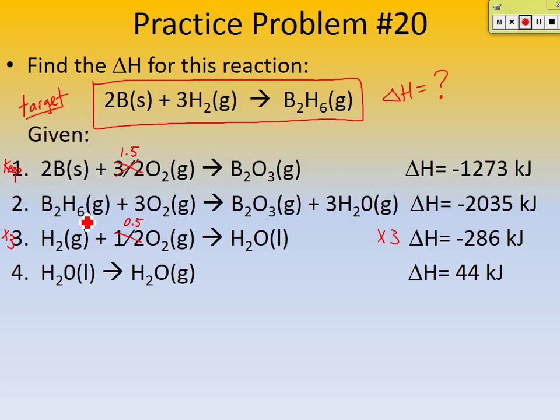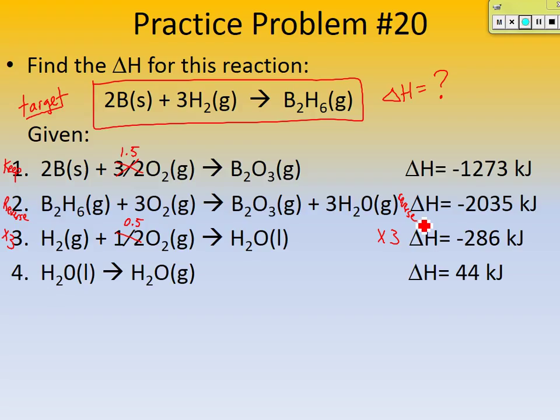So what do we got to do to this equation? Reverse. So I'm going to put reverse. But if I reverse the equation, what do I got to do to the sign of delta H? So I'm going to put reverse by the delta H as well. Because in the end, we need to make sure we kept track of what we're doing at delta H. That's really the most important part.